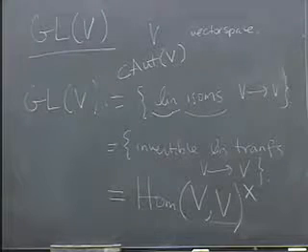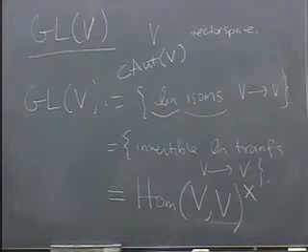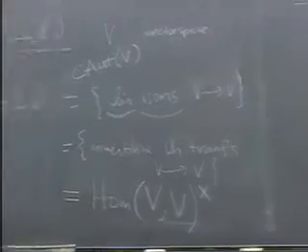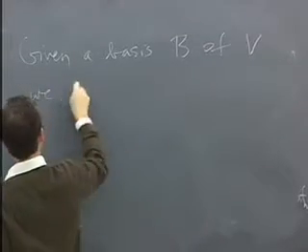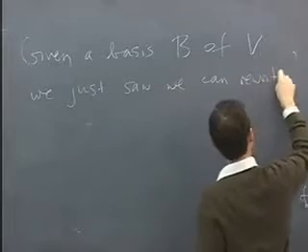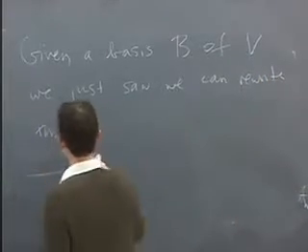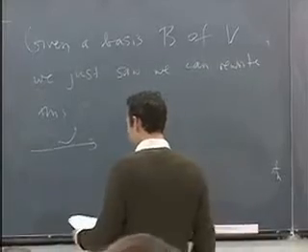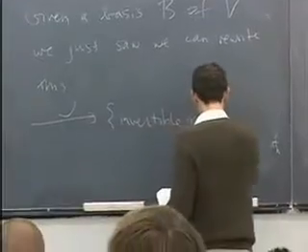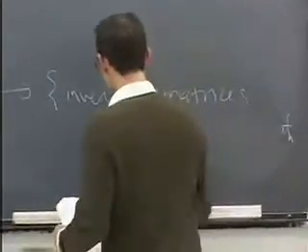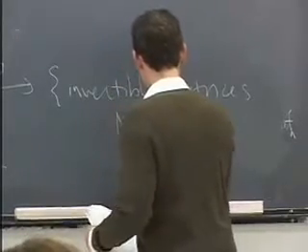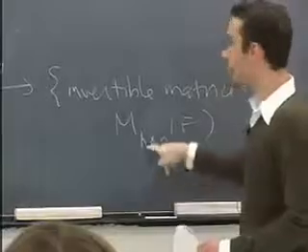So given a basis B of V, we just saw we can rewrite this isomorphically as the set of invertible matrices in M n by n F, where n is the dimension of V.